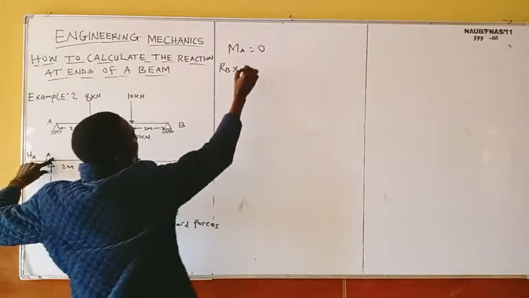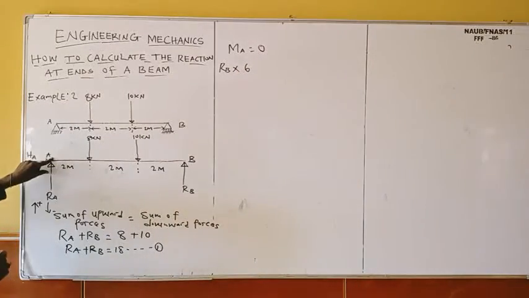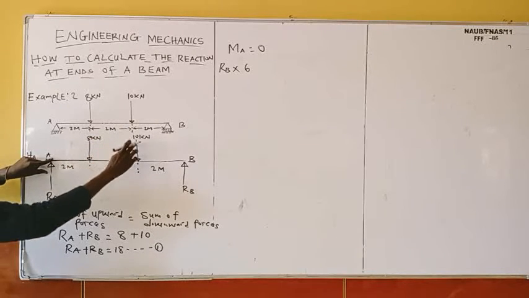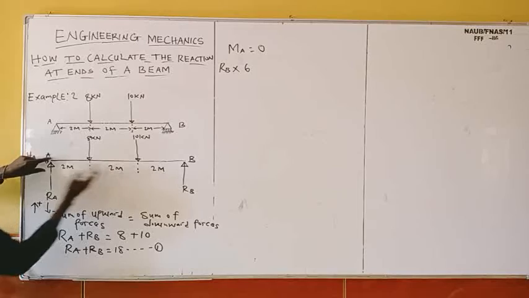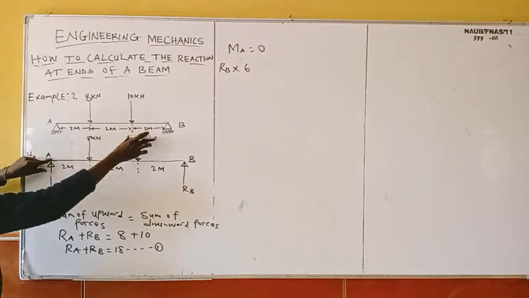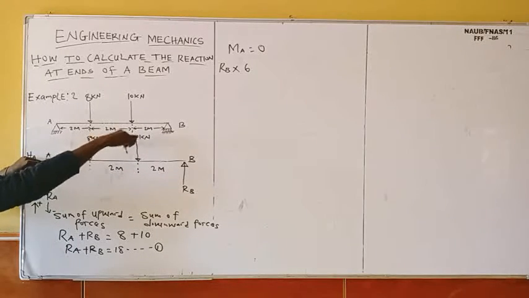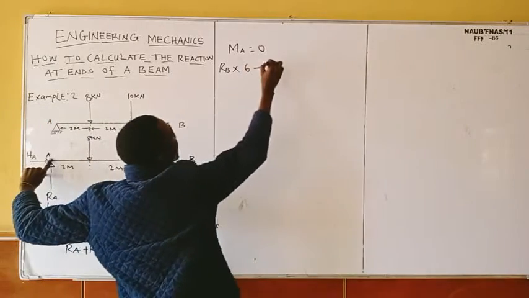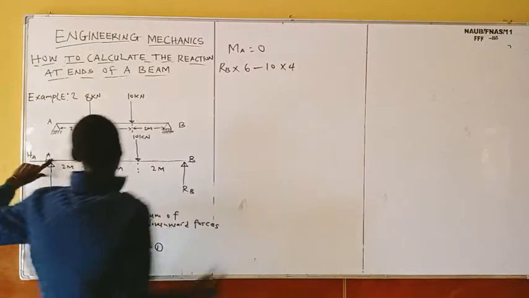Is what? 6. Now let's start with this one. This is a downward force, and if you look at this from this point to this point is what? 4. It shows that it covers a distance of what? 4 from this point to this point, considering what? This force. And don't forget it's a downward force, and our coordinate is what? Negative. So it shows that minus 10 times 4.